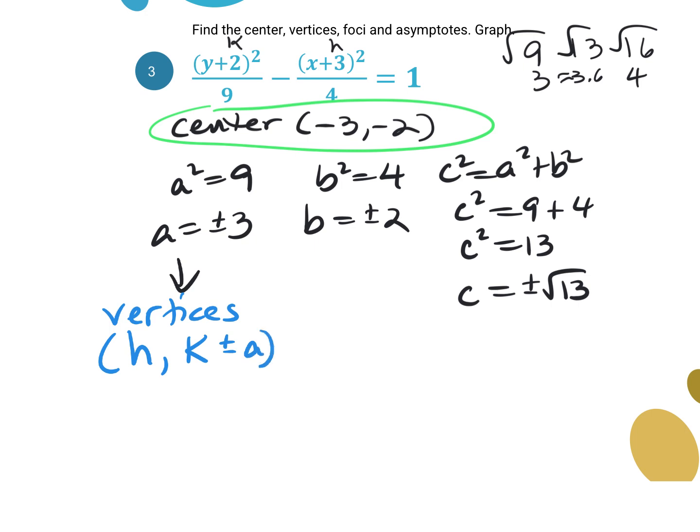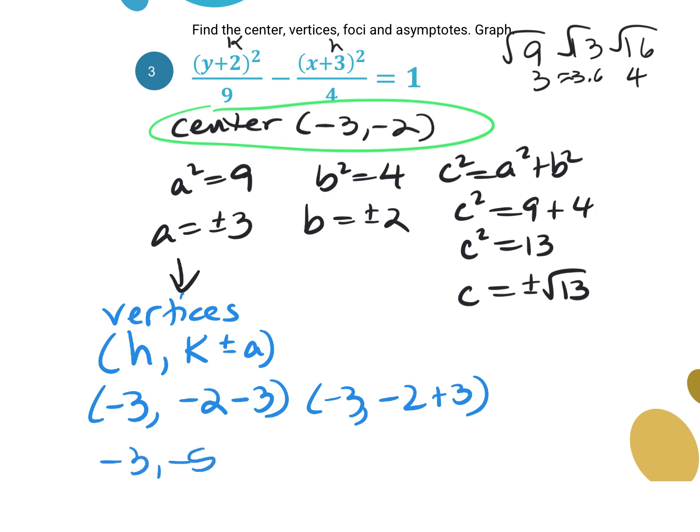Yes. So here it's going to be h comma k plus or minus a. So it's going to be -3 and then -2 minus 3. And then the other one will be -3, -2 plus 3. So the two vertices are -3, -5, and -3, +1.